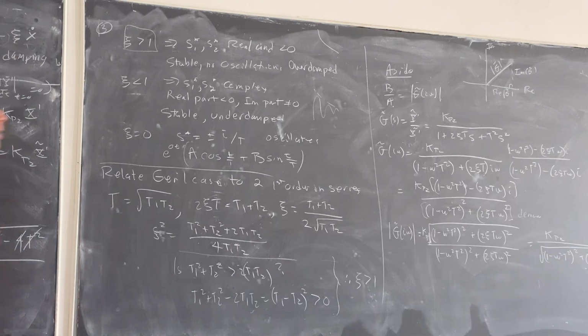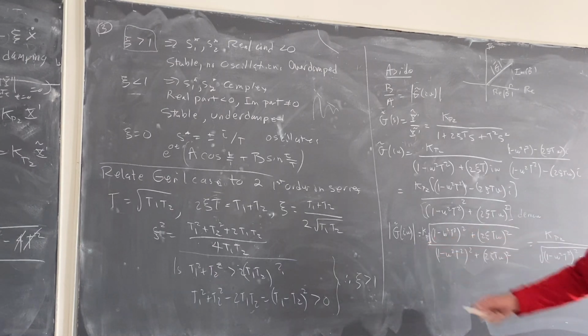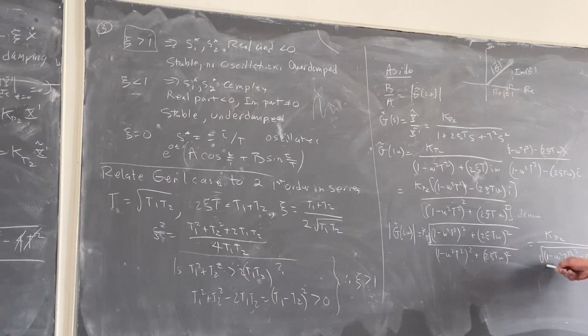On the other hand, for a second order system, we just calculated it. For a second order system, we see that B over A is equal to Kp2 over something. And for some values of omega, I'm subtracting something, omega squared tau squared, from 1. This thing is going to be less than 1. And sometimes, for some omega, depending on c, this might not make up for what I'm subtracting.